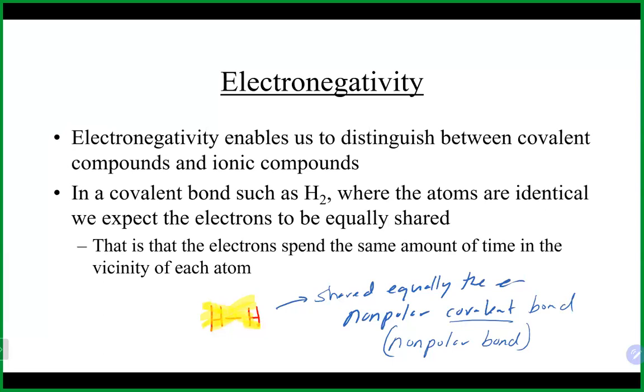Because there's an equal distribution of electrons throughout that bond, there is no side of that bond that has a charge. So it's kind of neutral, if you want to think about it. Electrons are nicely, evenly distributed with all the positive charge in the nucleus, and overall there's no positive or negative side to that bond. That is a nonpolar covalent bond, when you have equal sharing of electrons.